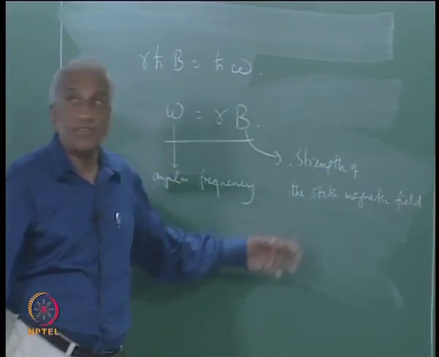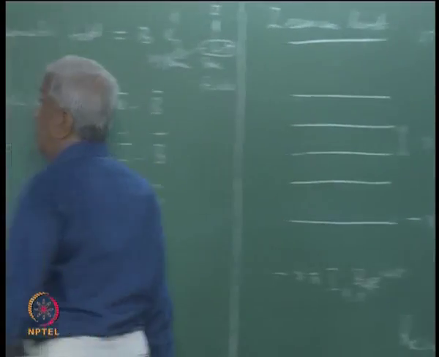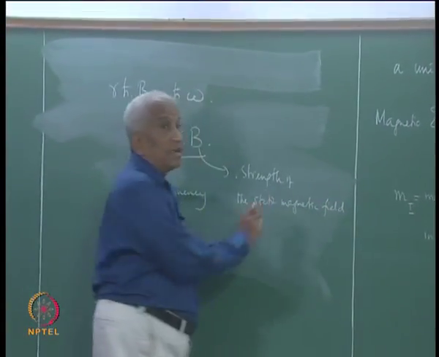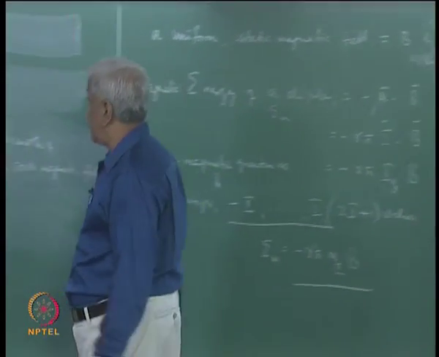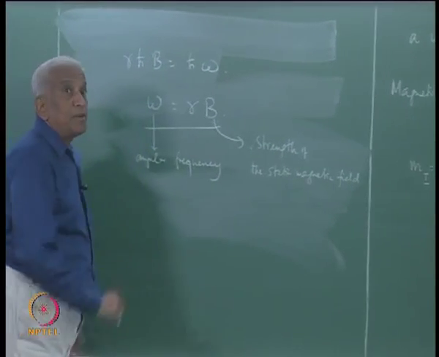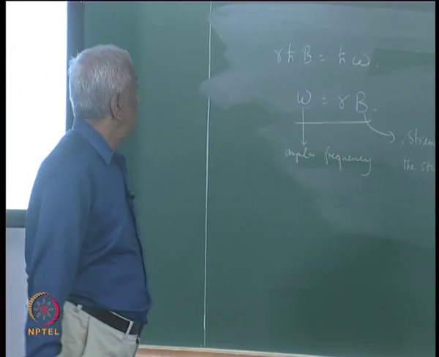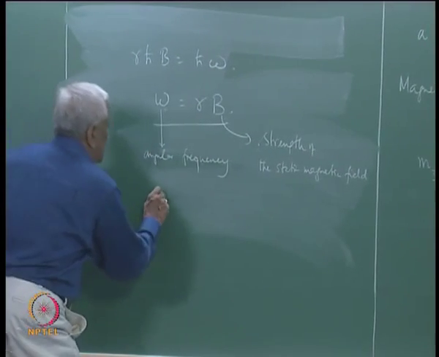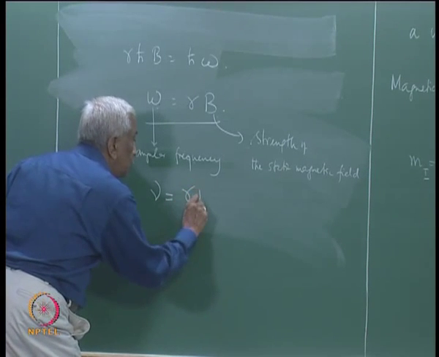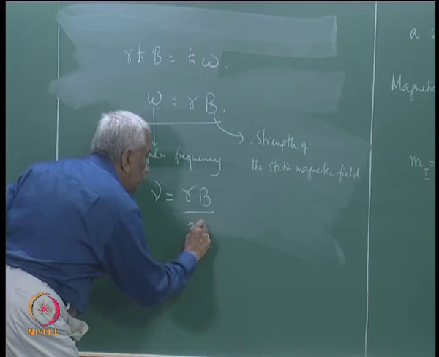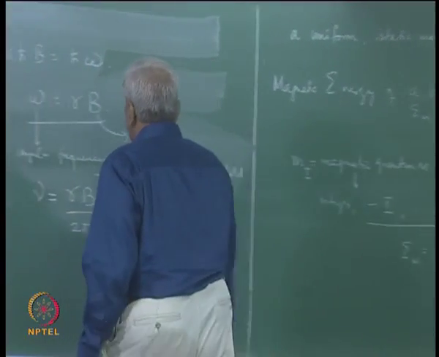So, the resonance process involves an establishment of the Zeeman levels using an applied static magnetic field and inducing transitions among adjacent Zeeman levels by means of an applied alternating magnetic field of angular frequency omega. In other words, this can also be written as nu equal to gamma B by 2 pi, since omega is 2 pi nu. So, that gives the resonance condition.